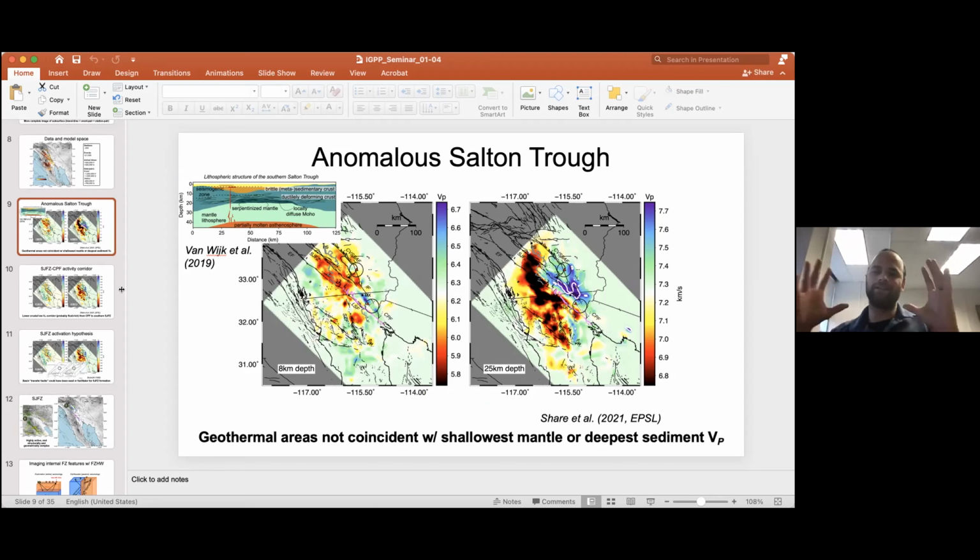So we actually see this large chunk of rock that is lower than average in terms of VPVS. And in fact, some of my previous work has shown that even in the fault zones where we expect there to be an elevated VPVS, when you look at the San Jacinto at mid-crustal depths, at least, there we see an even greater decrease in VPVS right along the fault.